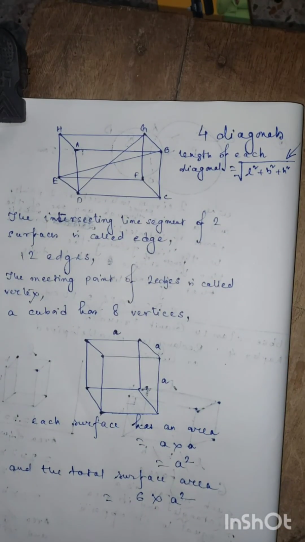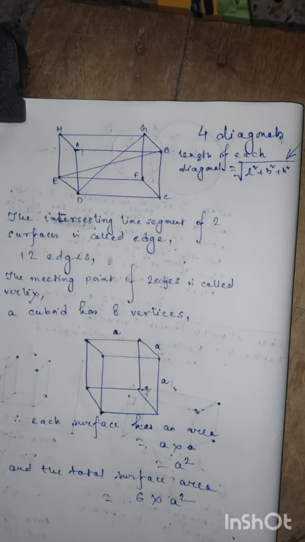And the length of a diagonal also gives us a length which is maximum placed inside a room which is a cuboid.